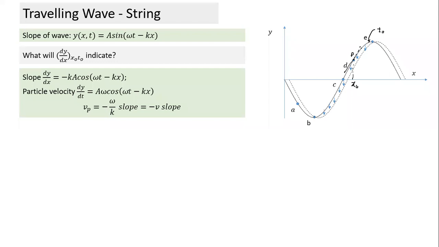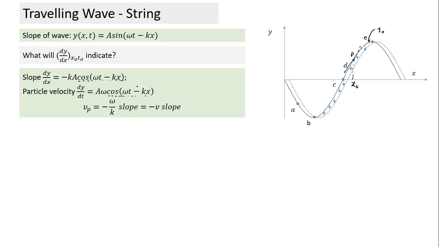In that case, the coefficient of t comes in, which is omega. What you notice here is that in both cases this term is common, a cos expression. So the slope and particle velocity seem to be related.